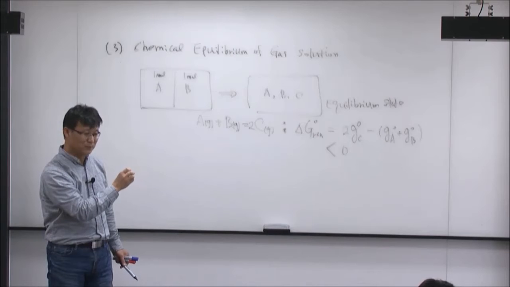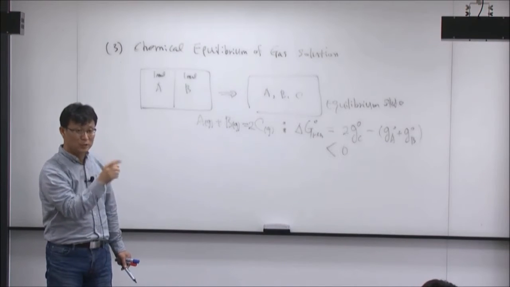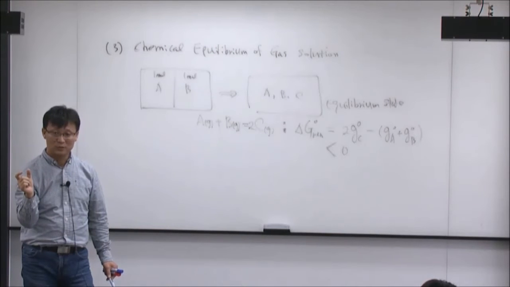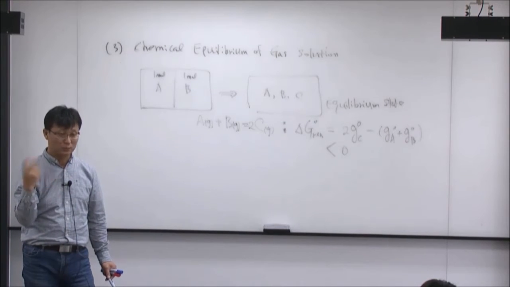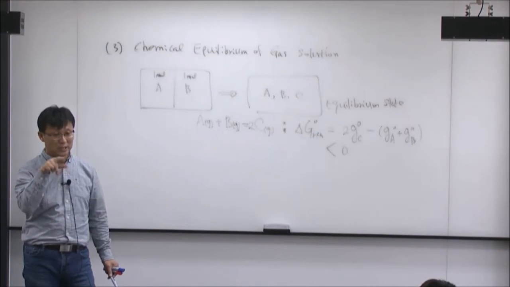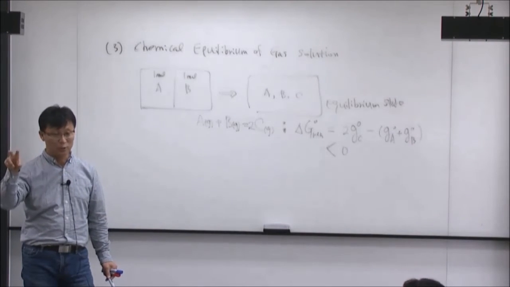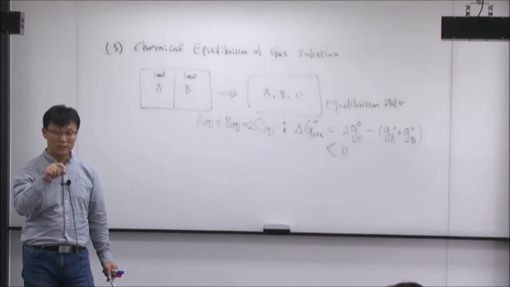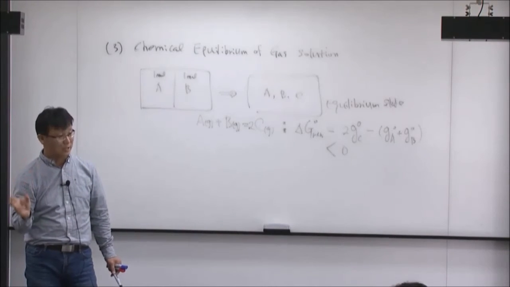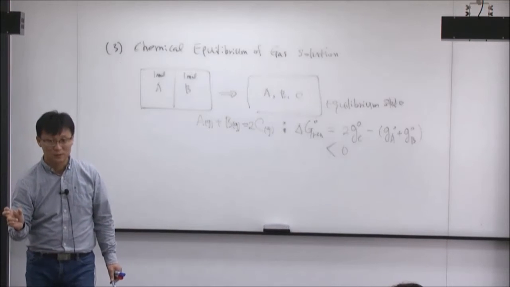It is not simple because we start to have the entropy term in the solution phase. This entropy of mixing is always positive, and the Gibbs energy is H minus TS, so entropy is multiplied with the negative temperature term, so that it can actually make a negative contribution to the Gibbs energy, okay?